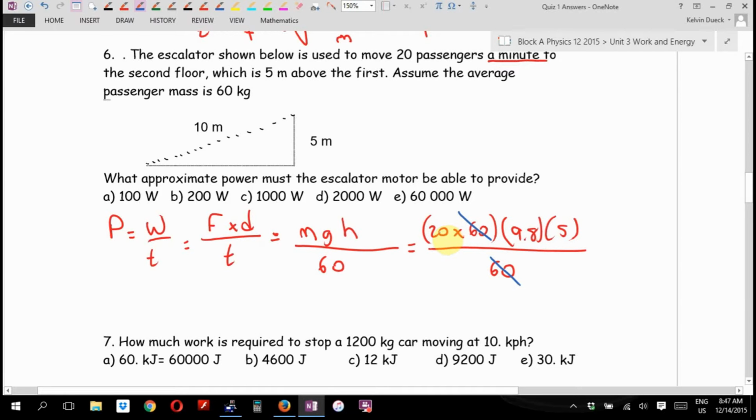This is 100 times 9.8. I think the answer is 980 joules. Oh, joules, Mr. Dewick. Wait a minute. Power is measured in what? Watts. I don't see 980. Oh, yeah, there. I went to 2 sig figs, apparently. I don't know. This assumes that this motor is 100% efficient.